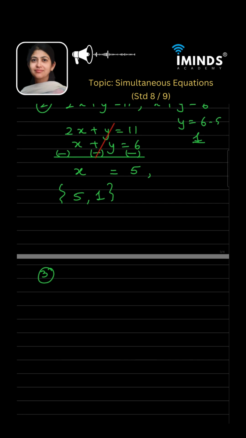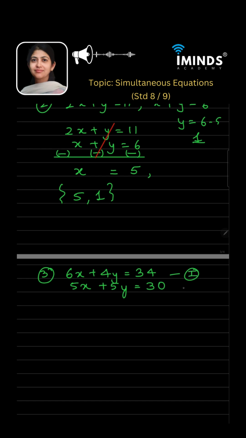Okay. So suppose what we take is 6x plus 4y is equal to 34 and 5x plus 5y is equal to 30. So these are the two equations that we have.